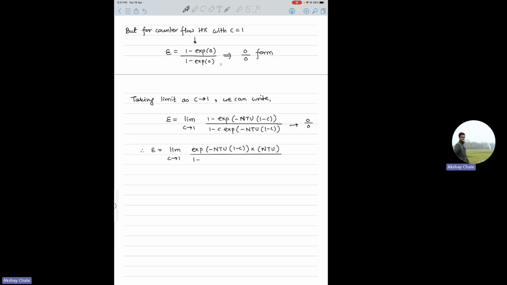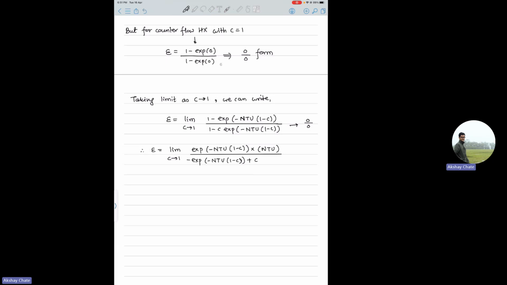In the denominator again 1 will go because it's a constant. Then you have to apply the UV rule, the differentiation of a product. First we differentiate C and the other term remains as it is, and then you differentiate the other term.